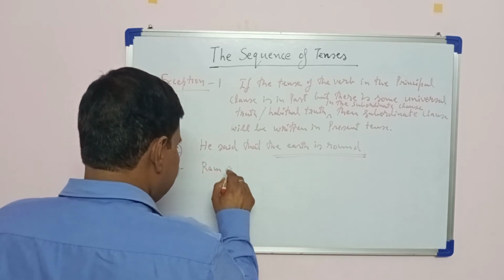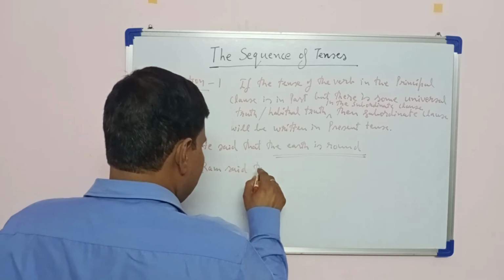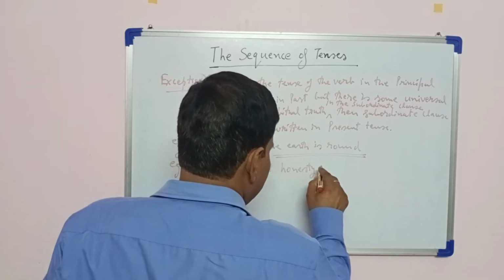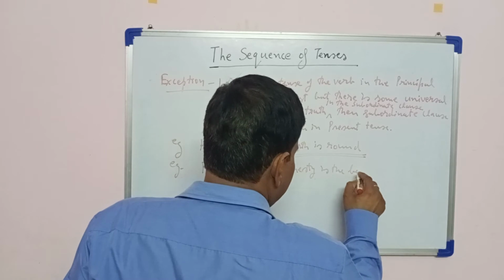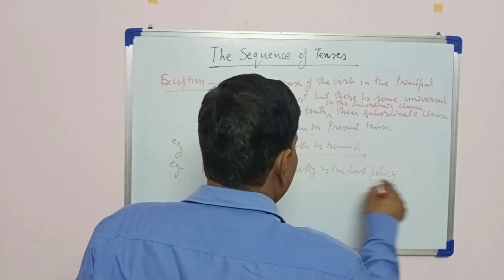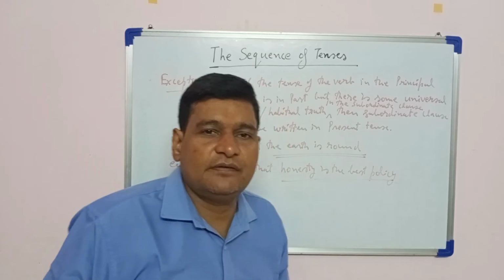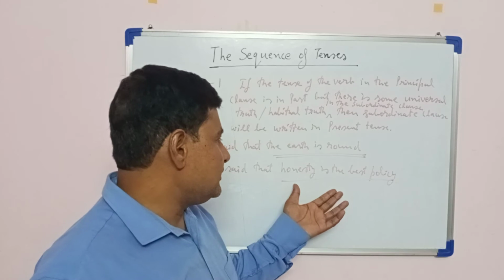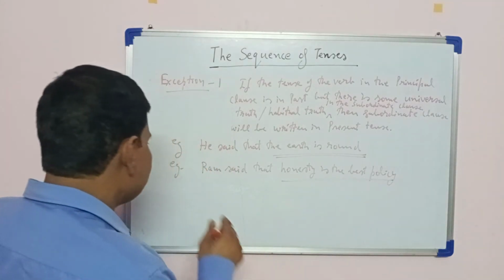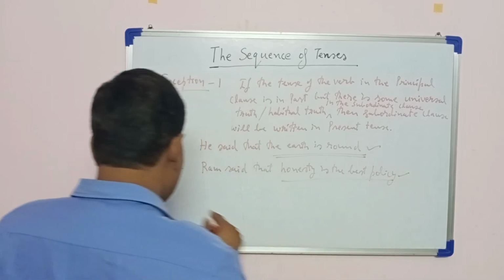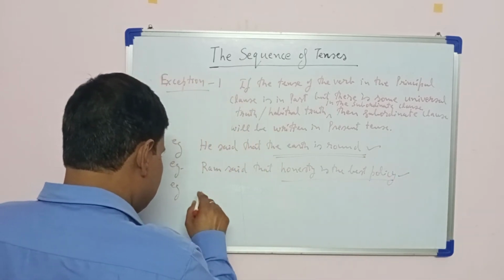Ram said that honesty is the best policy. So you know that honesty is the best policy. This is a proverb, and this is also a universal truth. And see one more.